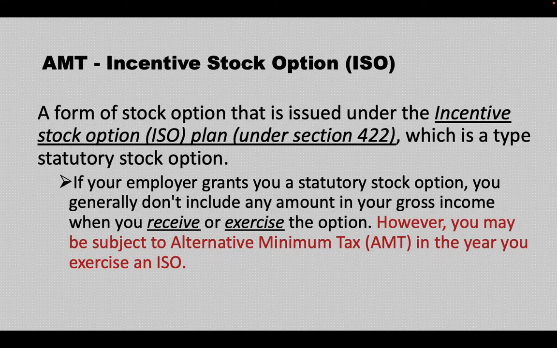This alternative minimum tax is just a different way of calculating the tax. If this different calculation gives an amount higher than your regular tax, you have to pay the difference, which is called AMT, alternative minimum tax.